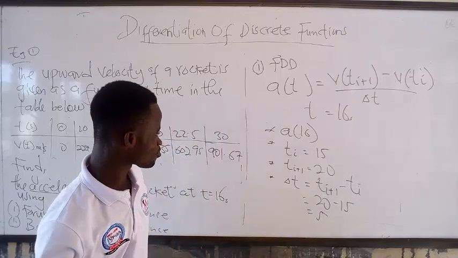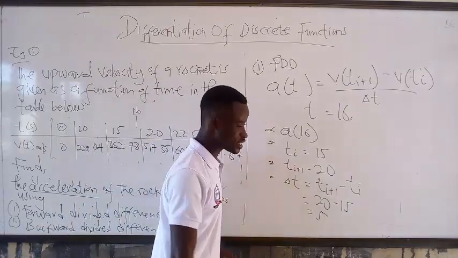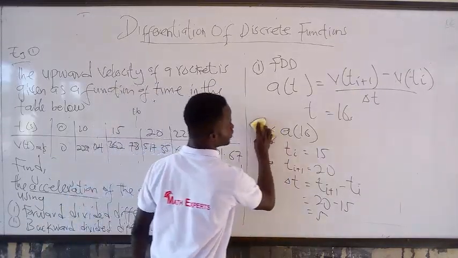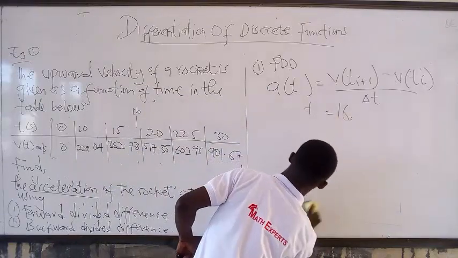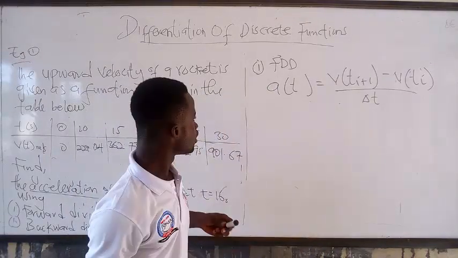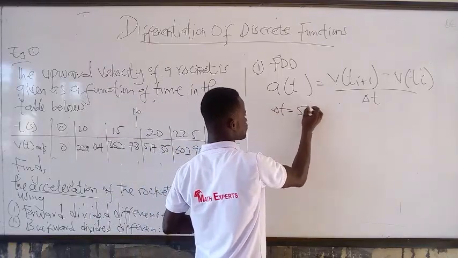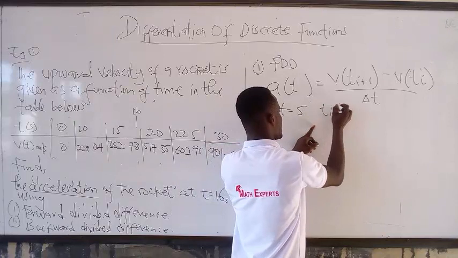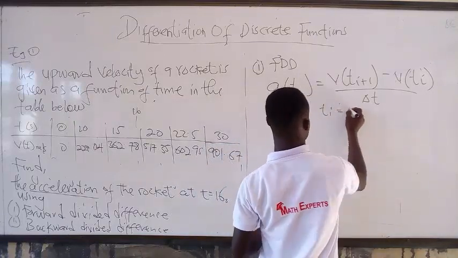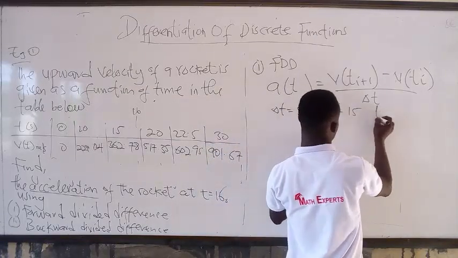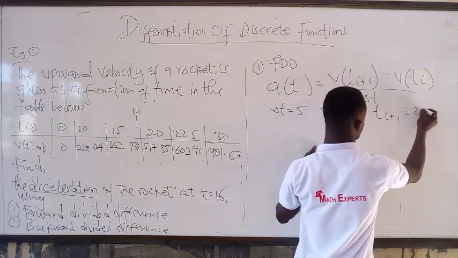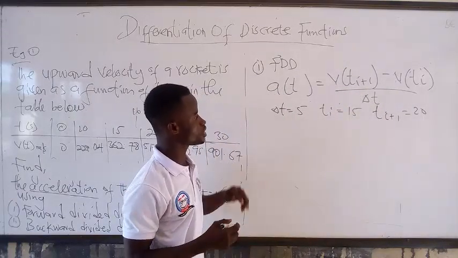So after getting this, I'm cleaning it too. Now, we know that our delta T is 5, our T of i is 15, our T of i plus 1 is 20. That's what we need.